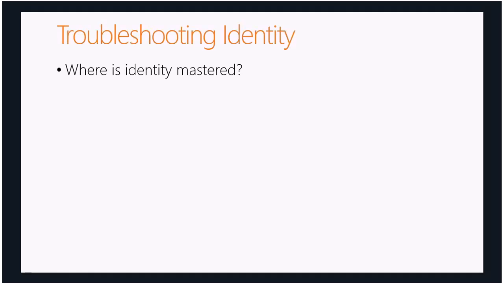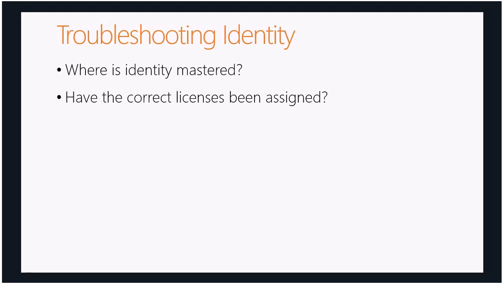Or in the rare cases, is it a federated environment in which again it is mastered all on premises with a local AD? So first thing to do is to go and identify where the identity is actually mastered. So where do you need to change to update users' login name, their passwords, all that sort of stuff. You need to identify where that is occurring.